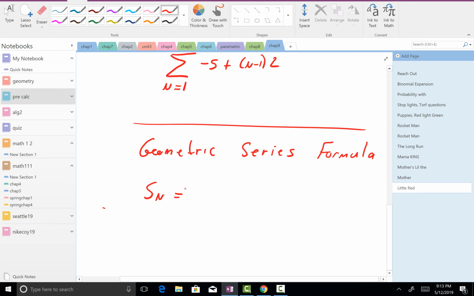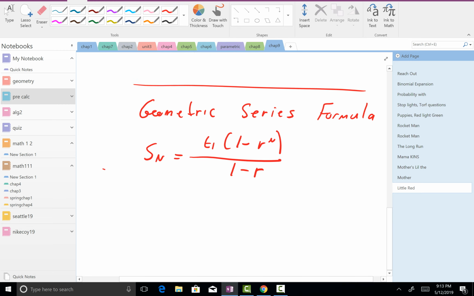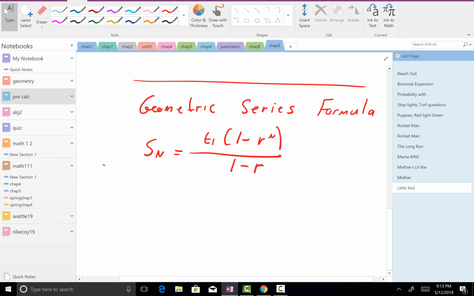So we're going to go T1 first of all times 1 minus r to the n over 1 minus r. Okay, so that will give you the sum. So if we have a geometric series, say something like this, 2, 4, 16 plus 32 plus 64, and let's just go one more. So we're going to add those up.